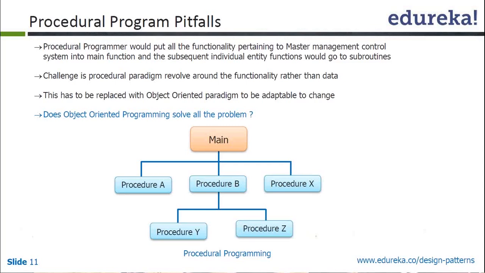In fact, what ends up happening if you write procedural programming is you write a lot of spaghetti code. And therefore, in general, one would want to move into the object-oriented paradigm where each entity is represented by an object or set of objects, and that allows you to maintain the program in the long run.